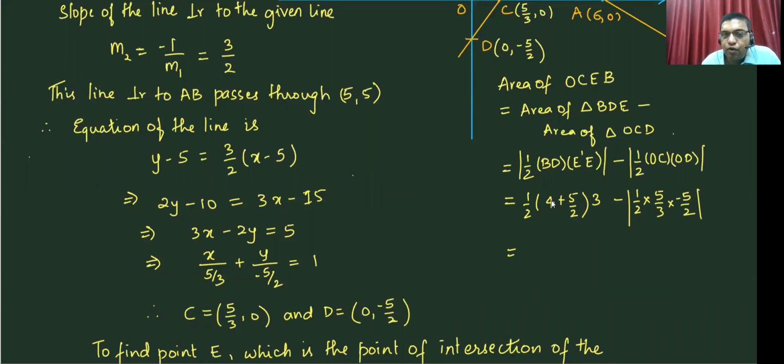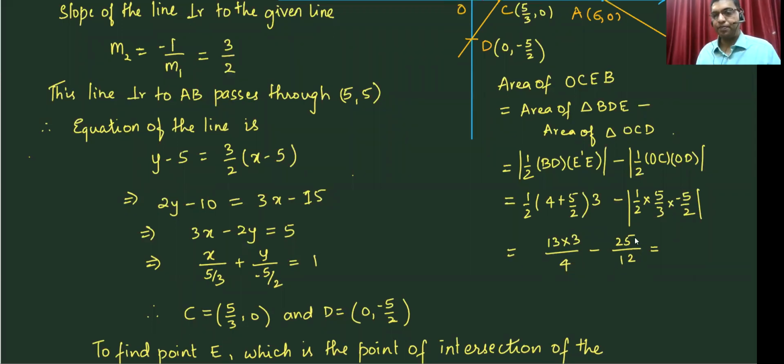So 4 2 is 8 plus 5, 13 into 3 upon 4 minus 25 upon 4 into 3, which is 12.